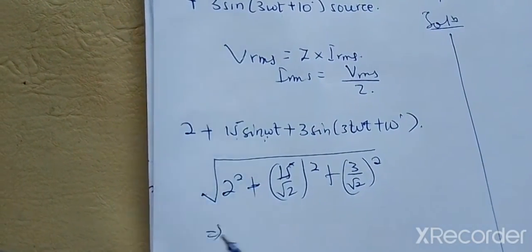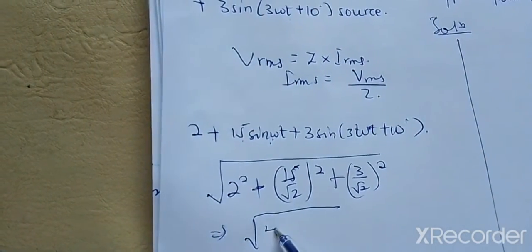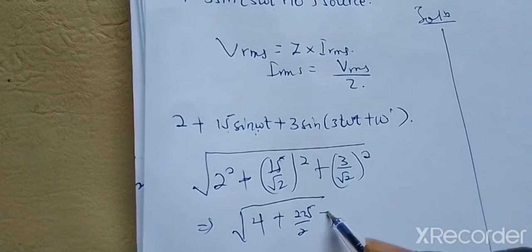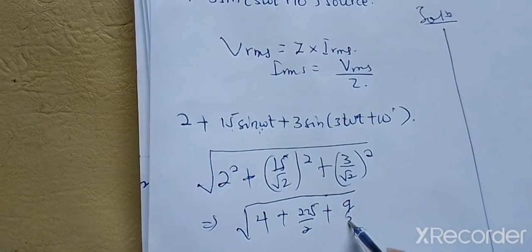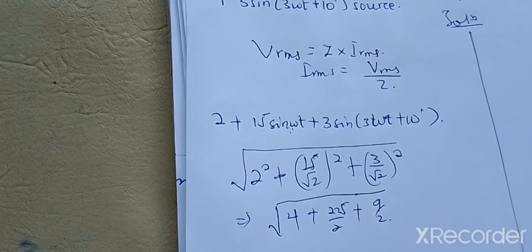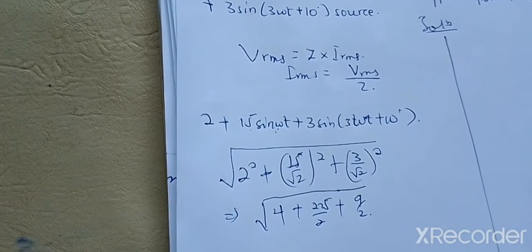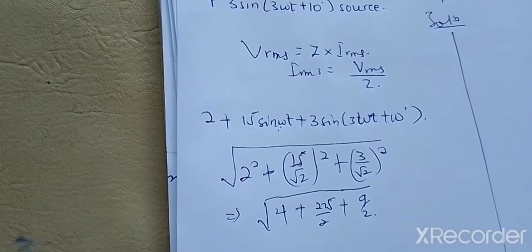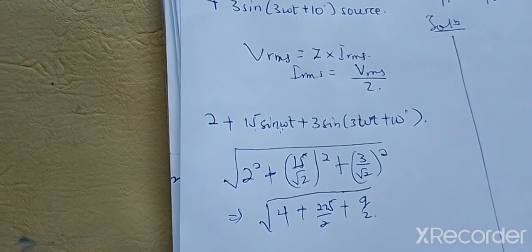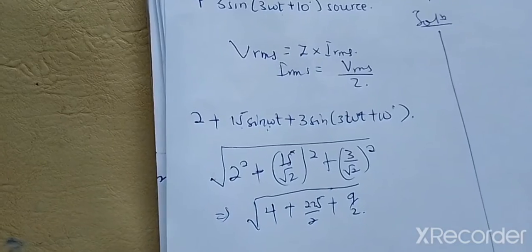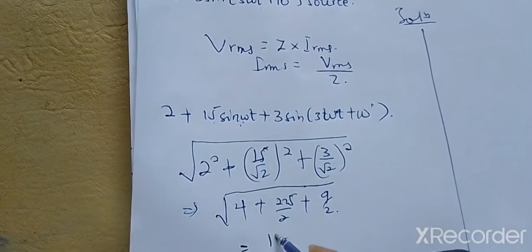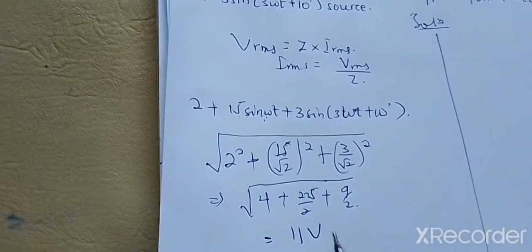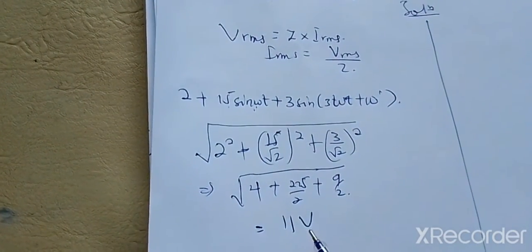So this gives us the square root of 4 plus 225 over 2 plus 9 over 2. We punch this entire expression and see what we get after evaluation. The answer is 11 volts. So our V RMS of this waveform is 11 volts.